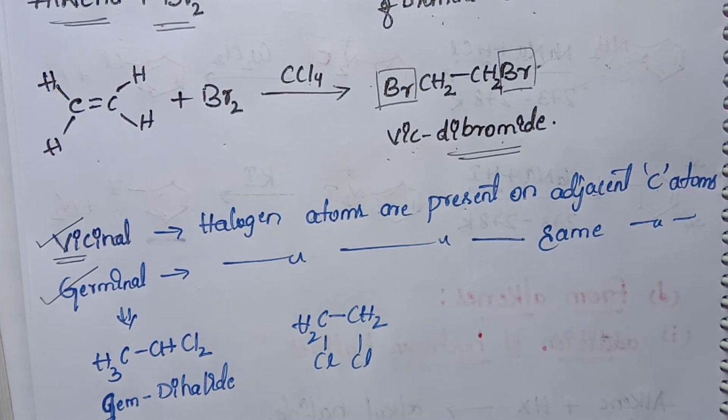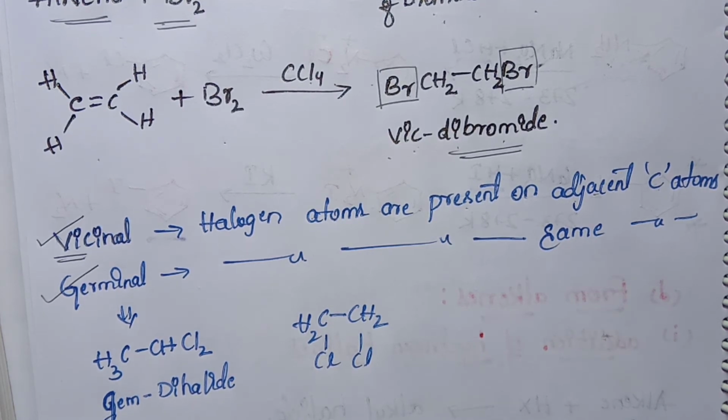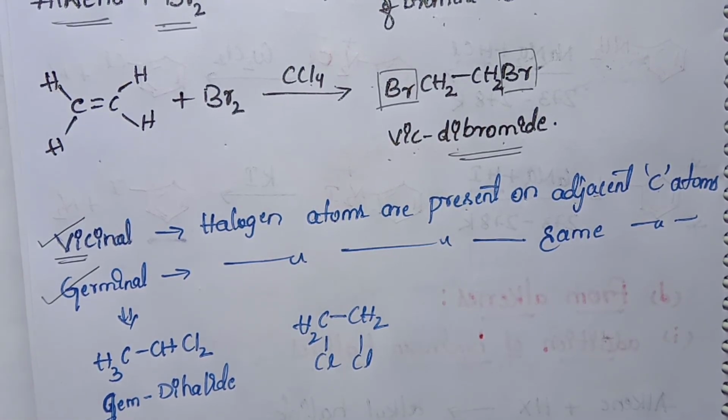This is called geminal and vicinal compounds. These are the two methods by which we prepare haloalkanes from the alkenes. Okay, these are the preparations of the haloalkanes and haloarenes.